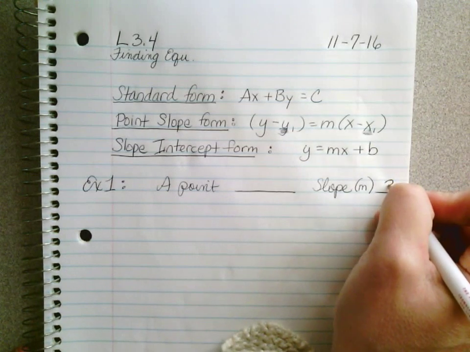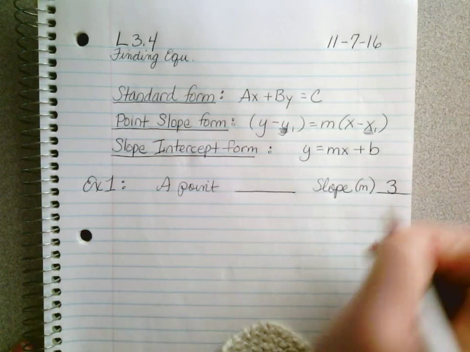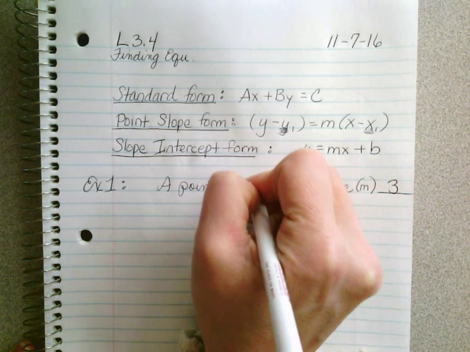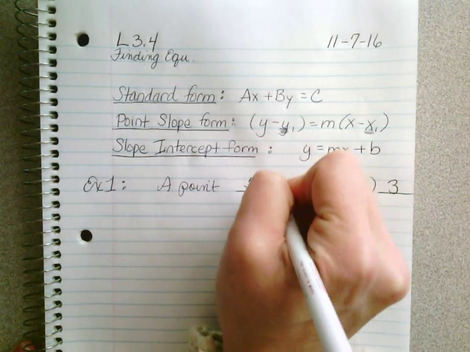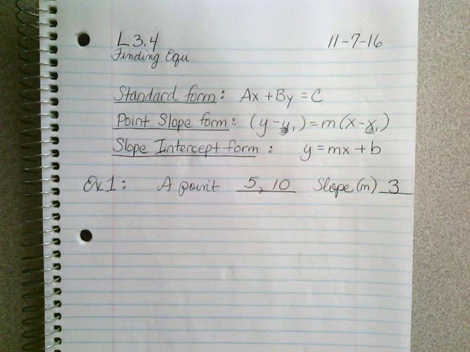So let me give you a slope of 3 and a point of (5, 10).